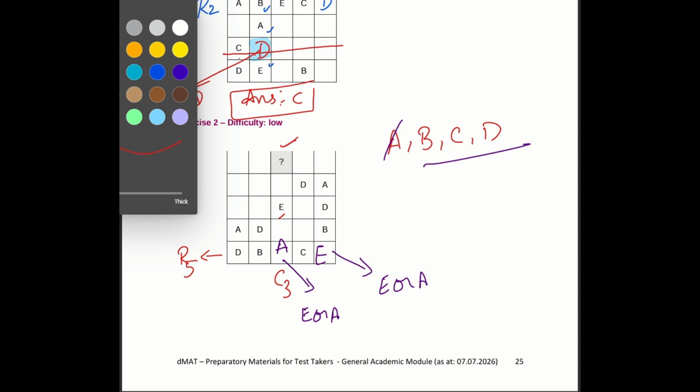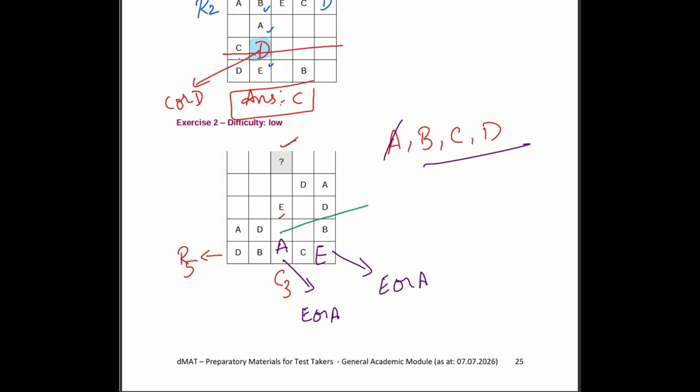Now move to the next. Here the column choices would be E or C. But if we take E here, that would be repeated again. So the answer would be C and E. Now move to here. These two boxes in this row are left.